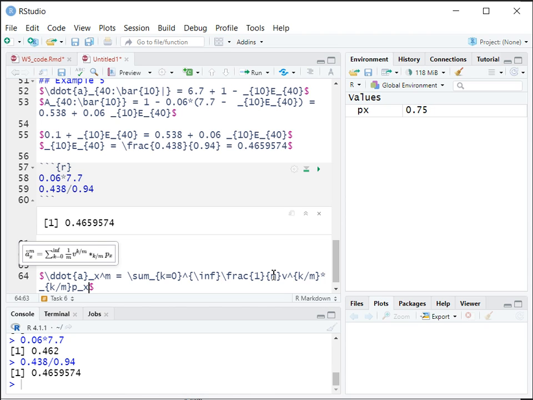So this is our formula for whole life 1 over m monthly annuity due, and this is the formula for the expected value.